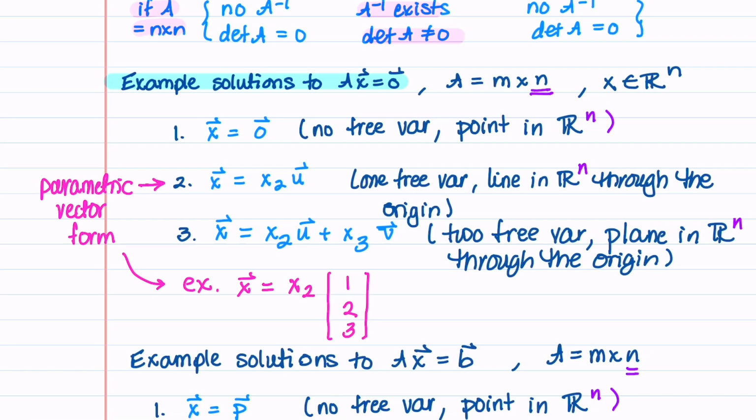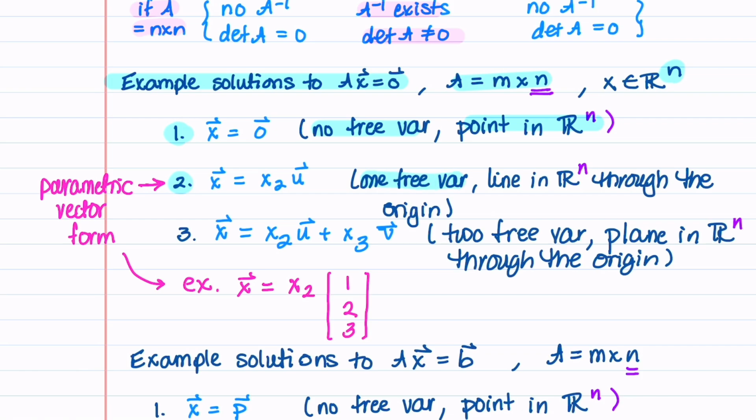Since A is an m by n matrix, we say that x is an element of Rn. The first type of solution you can get is when x = 0. That's when you have no free variables and your solution is a point in Rn. The other type of solution you can get is when you have one free variable.